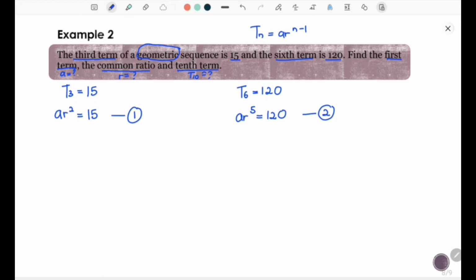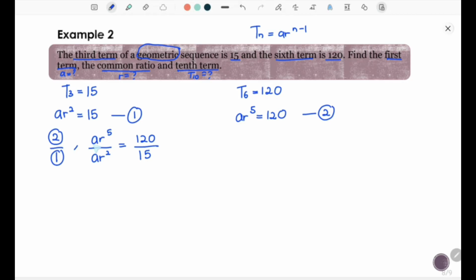So now I will eliminate a and try to find the value of r by taking equation 2 divided by equation 1. So equation 2 divided by equation 1 will be ar to the power of 5 divided by ar to the power of 2 equals 120 divided by 15.